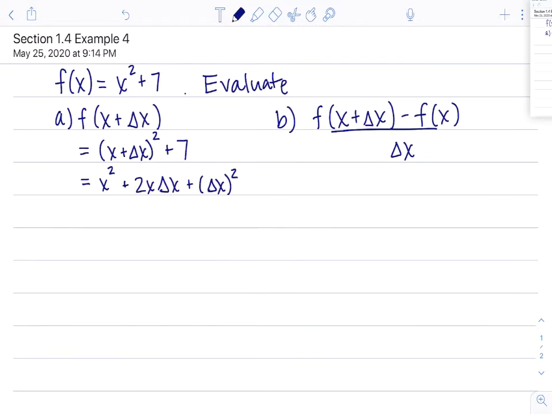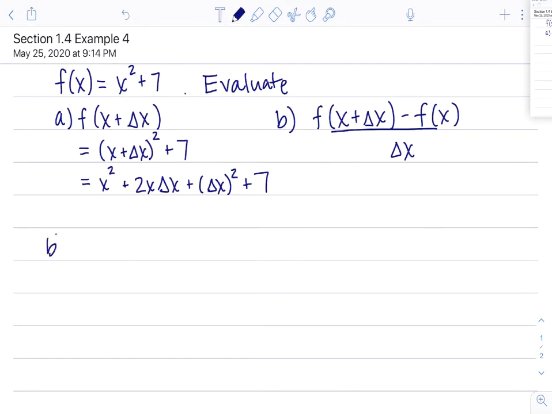Notice that I put the delta x in parentheses so that I am implying that I'm squaring that whole thing. Don't forget the plus 7. That's a very common mistake, to forget anything else in your expression. And so that there will represent f evaluated at x plus delta x.